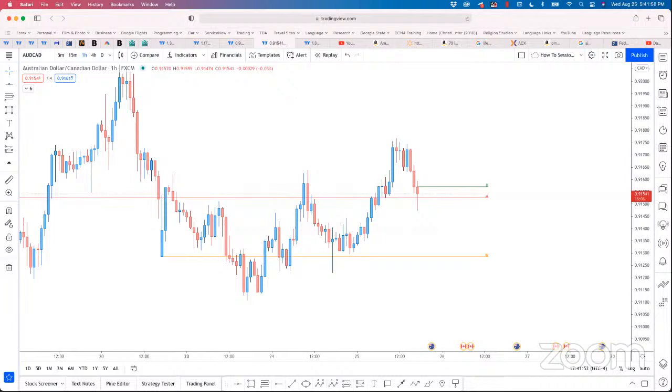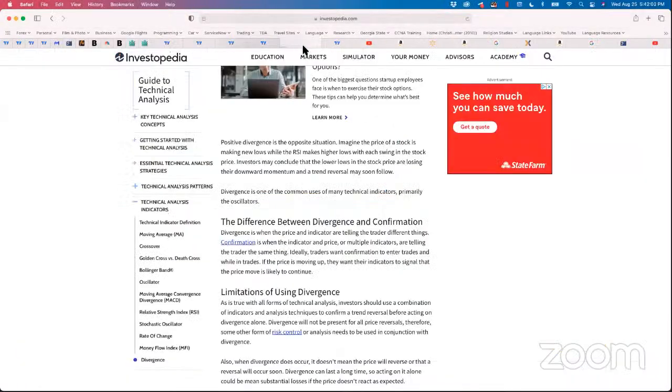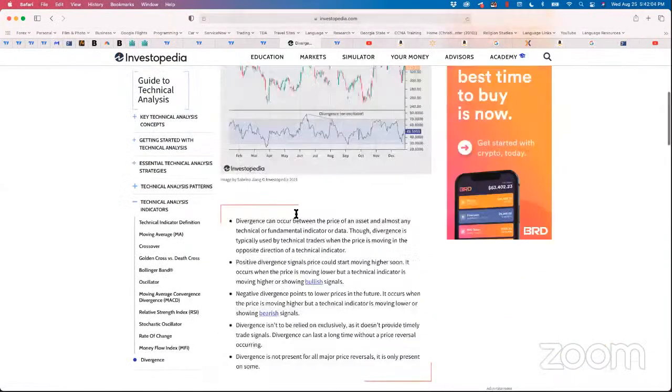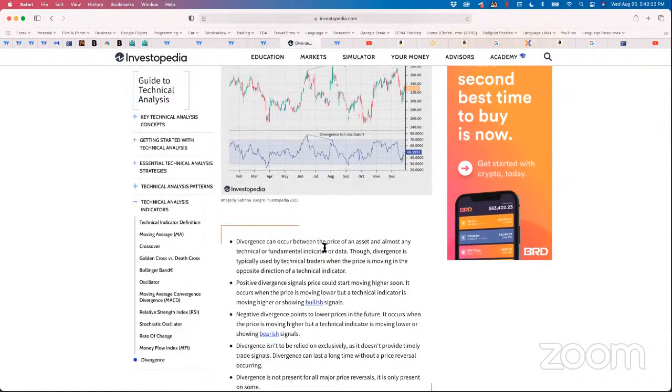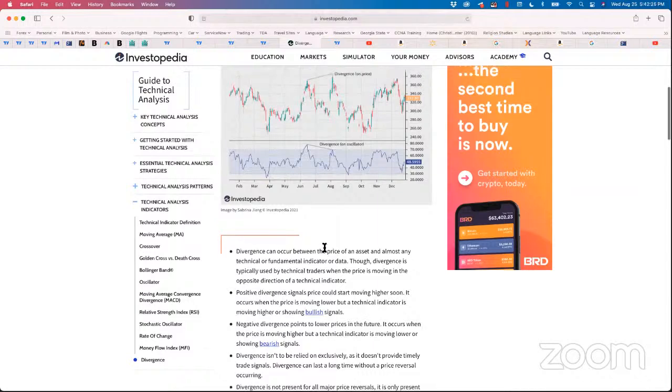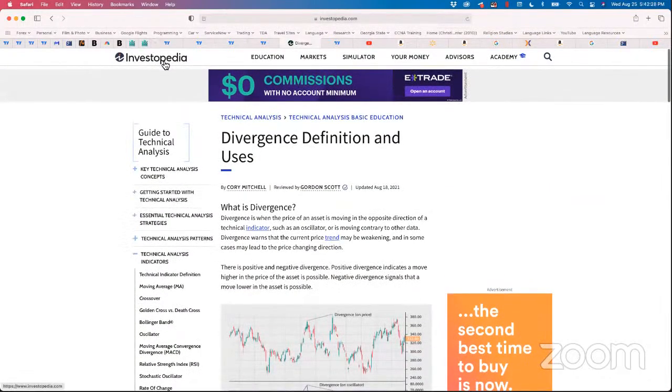The textbook definition is here. Divergence can occur between the price of an asset and almost any technical or fundamental indicator or data, though it is typically used by technical traders when price is moving in the opposite direction of a technical indicator. This is Investopedia, investopedia.com.